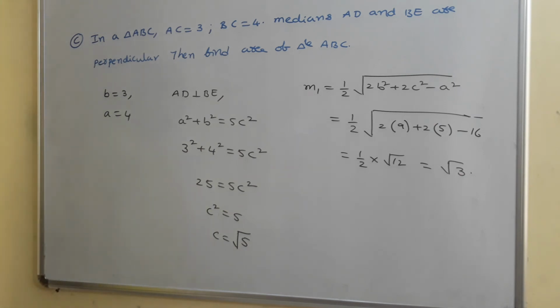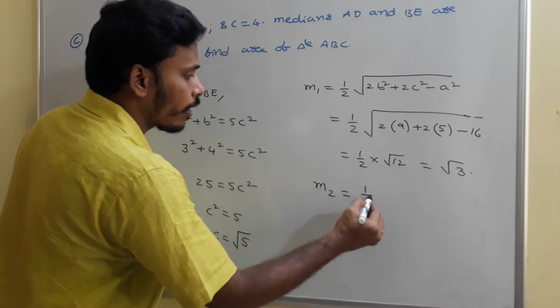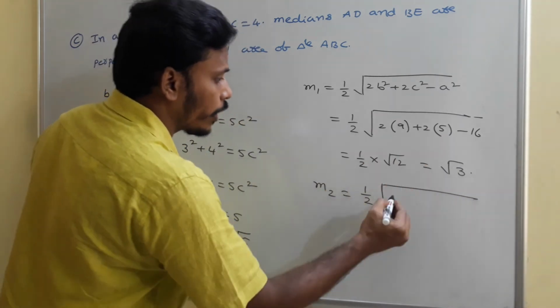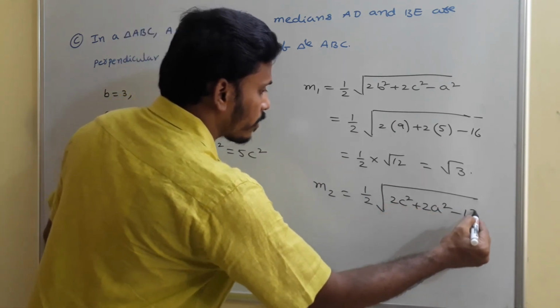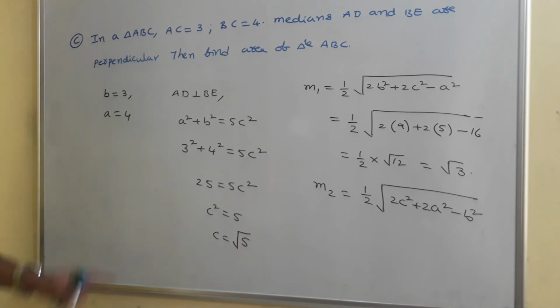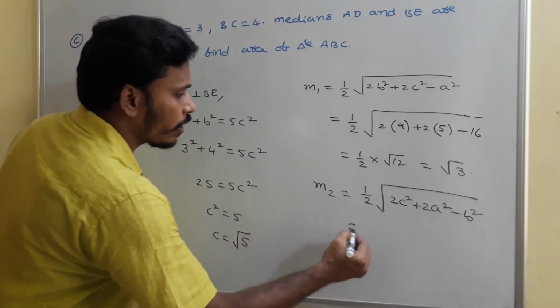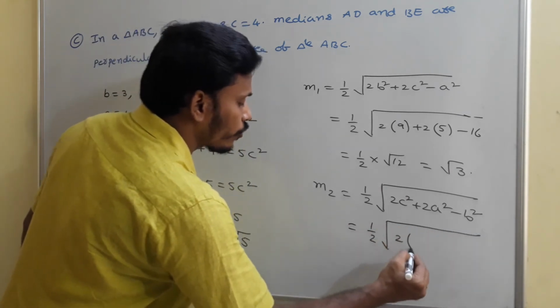Right, very good. And I have m1. And then I am trying to find m2 also. m2 is half square root of, since it is m2, you need to take minus b square: 2c square plus 2a square minus b square. Yeah, we have a, b, c and everything we have. So that m2 is simply half square root of 2 into c square.